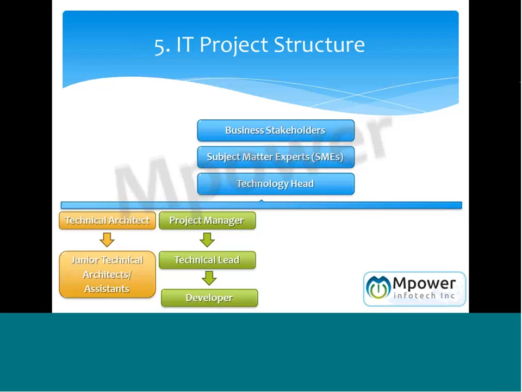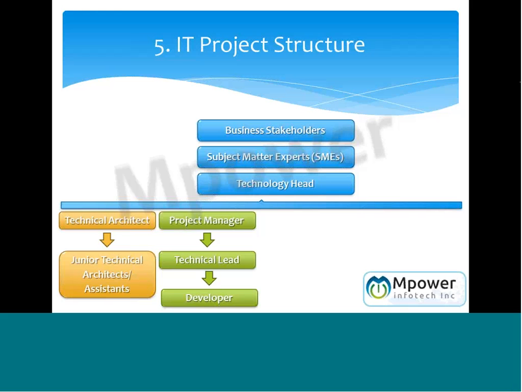A project manager may have a group of technical leads. Now, who is a technical lead? A technical lead could be anybody who has around 8 to 10 years of programming experience. If you have around 8 to 10 years of programming experience, you could be promoted as a technology lead. And a technology lead will be responsible for managing and maintaining a team of programmers or developers.